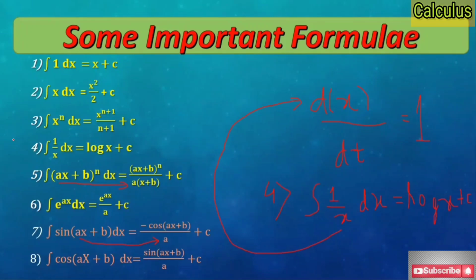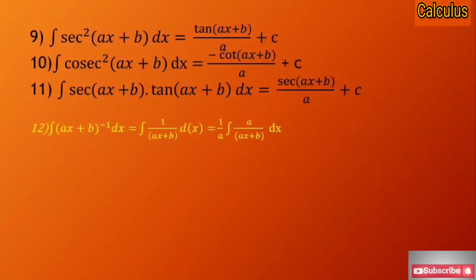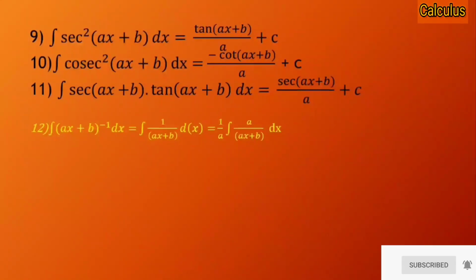In number 7, the derivative of sine is cos, but if you are doing integration you have to remember that integration of sine x is minus cos x. If you are doing the derivative of trigonometric functions, then you have to know the following formulas, that is number 9, 10 and 11.